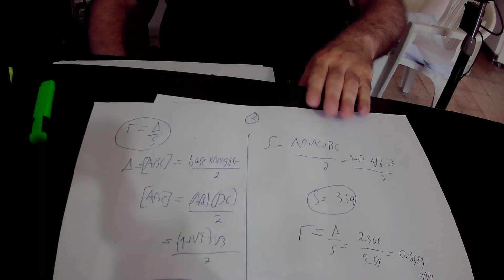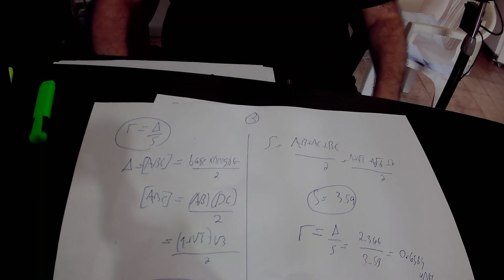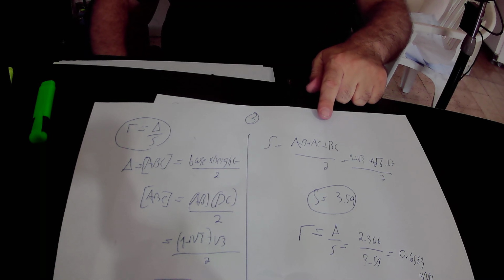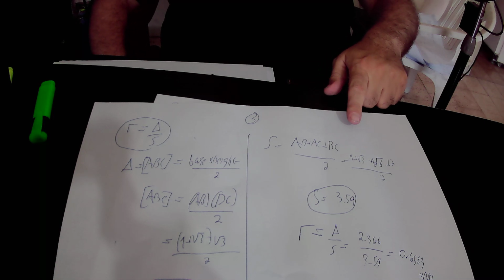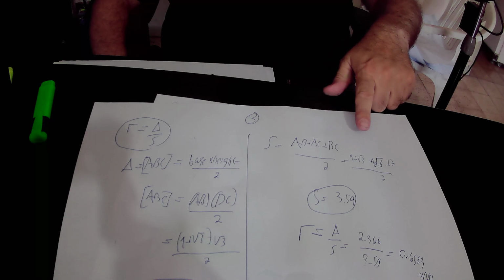Then the semi-perimeter of any triangle equals the perimeter over 2. The perimeter of triangle ABC is AB plus AC plus BC, and then if we divide it by 2, we get the semi-perimeter. So here, AB equals 1 plus square root of 3, AC equals square root of 6, and BC equals 2.